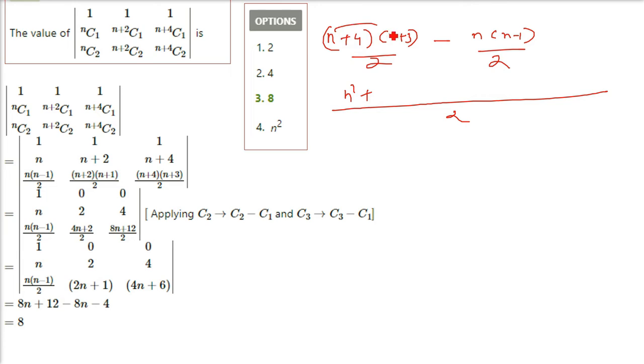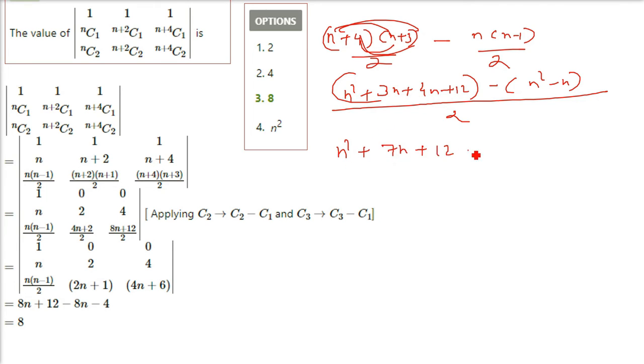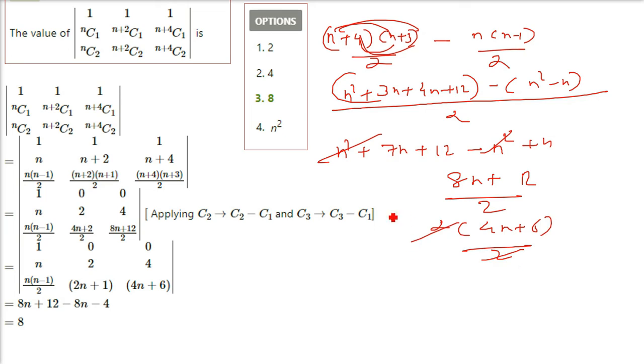So n square plus 3n, I'm multiplying 4n plus 4 is 12. And then minus, same thing which we did just now, n square minus n. Now open it, n square plus 7n plus 12 minus n square plus n. n square gets cancelled. 7n plus n is 8n plus 12 divided by 2. You can take 2 common from here. You get 4n plus 6. 2 gets cancelled. 4n plus 6, this is the answer.